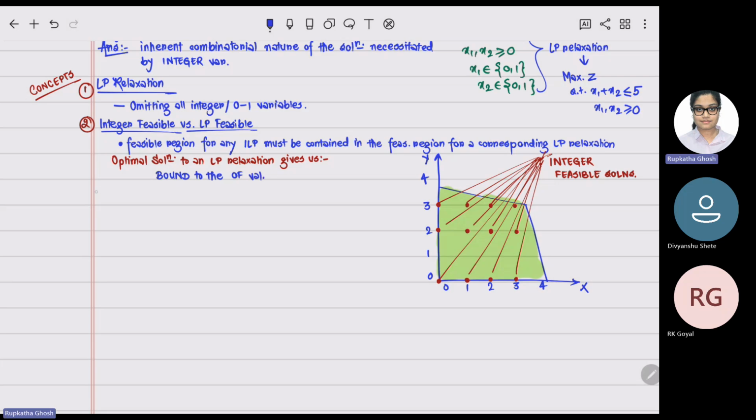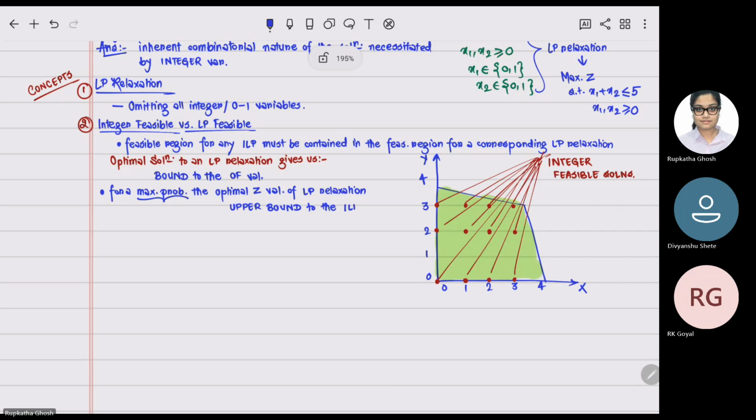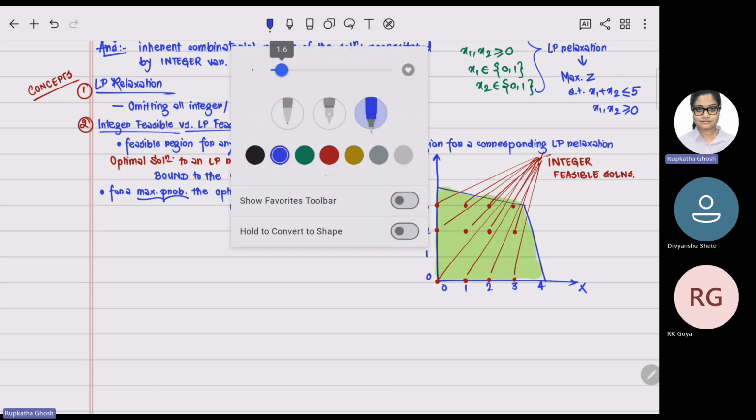Okay, so for a maximization problem, the optimal Z value of an LP relaxation, for a max problem, I repeat, it is an upper bound to the optimal solution, to the ILP solution. Okay, very straightforward, very intuitive.